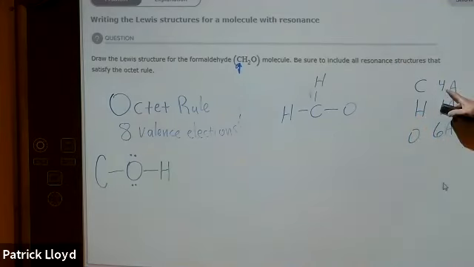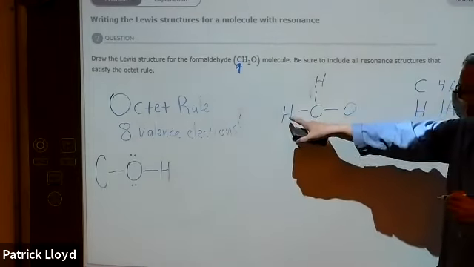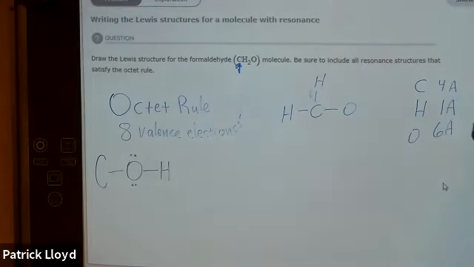So that tells you how many valence electrons they have. The carbon has 4 valence electrons. Hydrogen has 1 valence electron. Oxygen has 6 valence electrons. But there are 2 hydrogens. So we have to say, hey, look, there's 2 there. And if you add these together, it looks like it's 12, right? That would be 12 valence electrons.